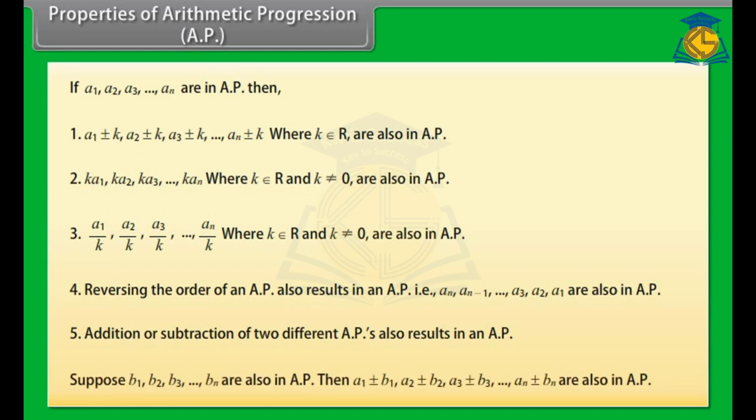Suppose b1, b2, b3 up to bn are also in AP. Then a1 plus or minus b1, a2 plus or minus b2, a3 plus or minus b3 up to an plus or minus bn are also in AP. Example of arithmetic progression, AP.